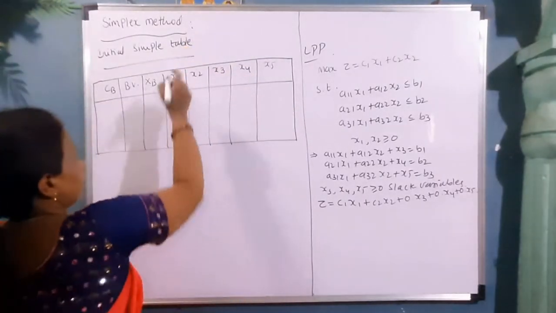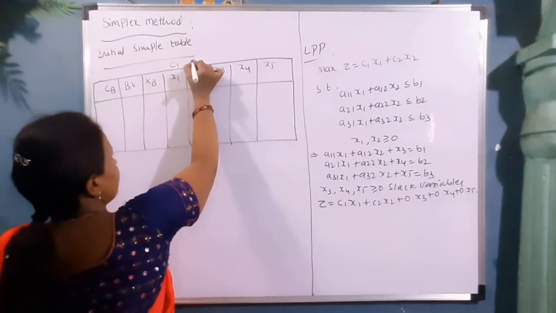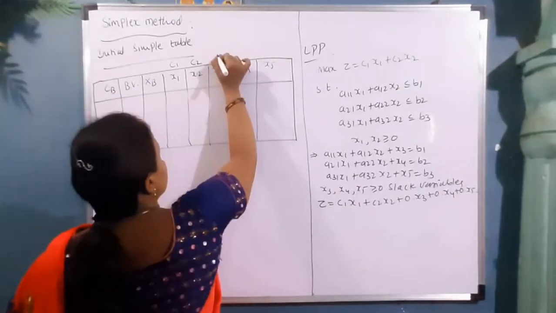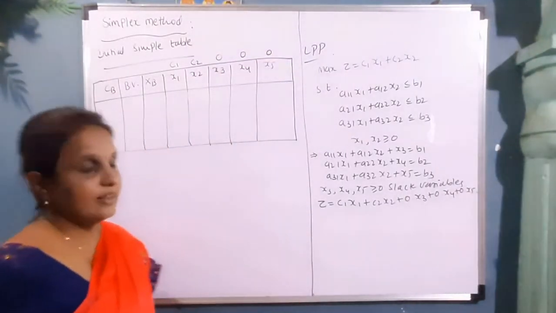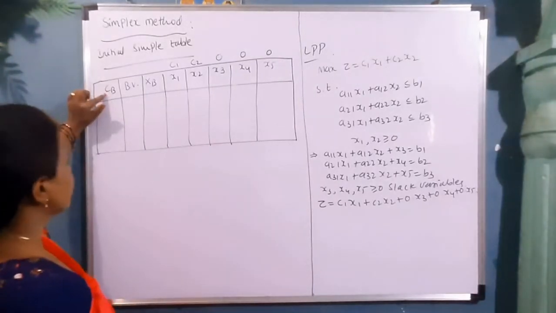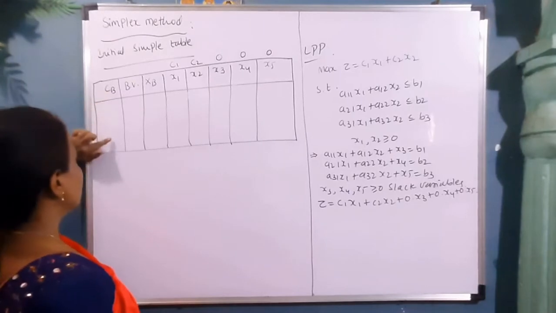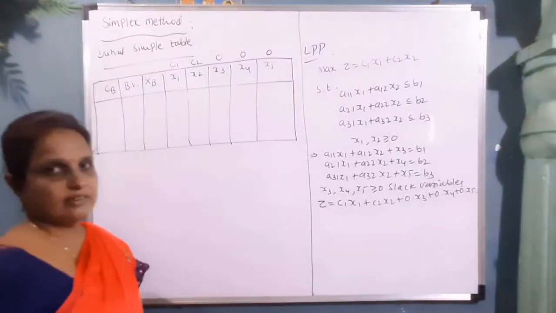So the coefficient of x1 in z is c1, of x2 is c2, and x3, x4, x5 are 0. Here CB is the associated cost vector, which gives the coefficients of the variables present in the objective function.